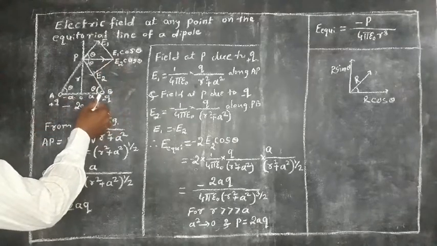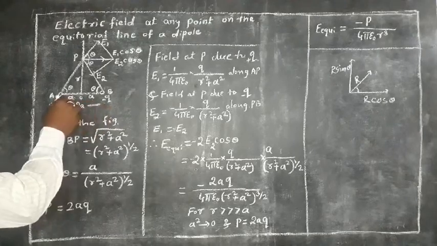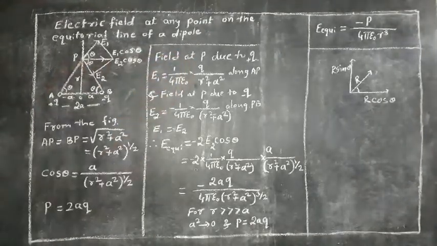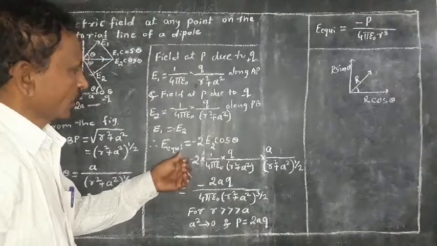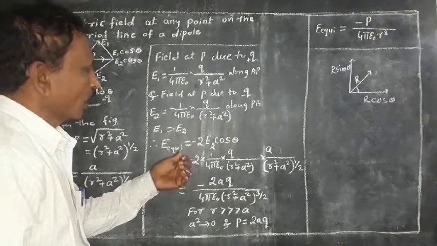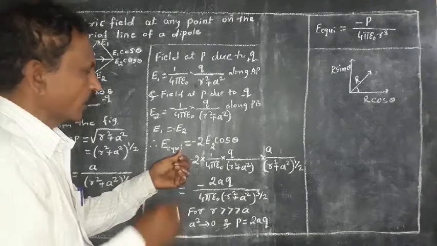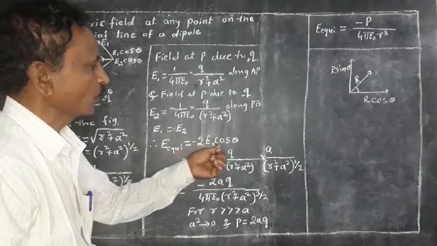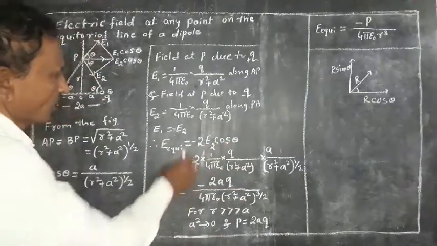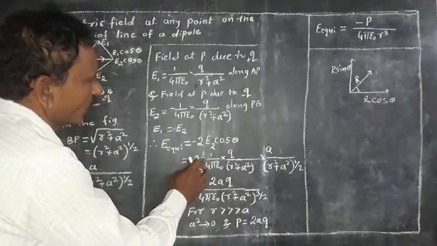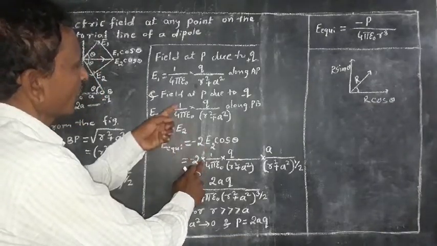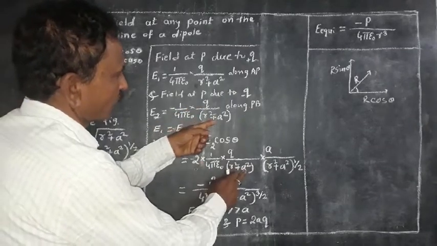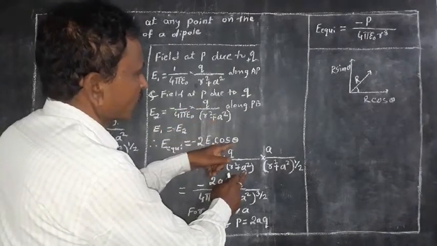Dipole moment is always from negative charge to positive charge. It is in this direction, and the components are in opposite directions. Hence, the electric intensity on the equatorial line is equal to minus 2 E2 cos theta. That is, minus 2 into E2, where E2 equals 1 upon 4 pi epsilon naught into Q upon (r square plus a square) into cos theta.